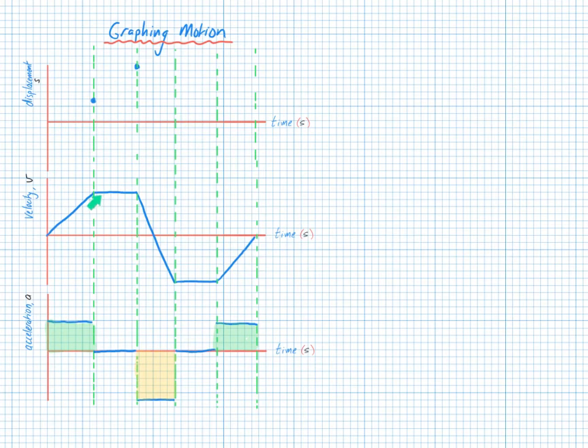Here we see constant velocity. When we have constant velocity, we have a constant rate of change of displacement, so we see a straight line. However, when we have acceleration, we don't see a straight line in our displacement time graph. We see a curve.